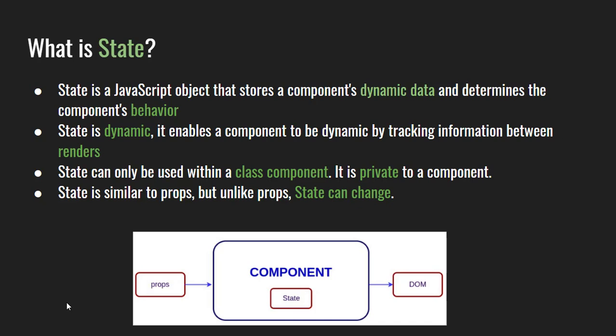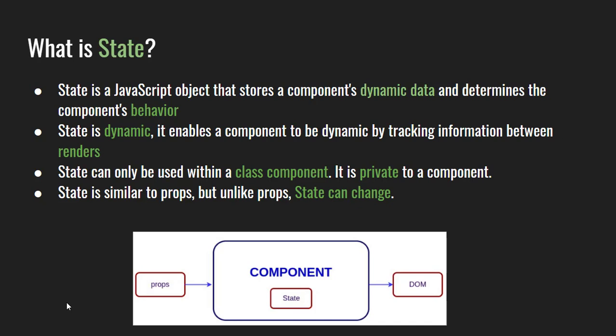So that's what we're talking about when we're tracking the dynamic information between renders. That's what that statement is talking about. Again, it can only be used by a class component, and it's private to the component because a class is encapsulated, right? There's private, public, and protected, if you remember.